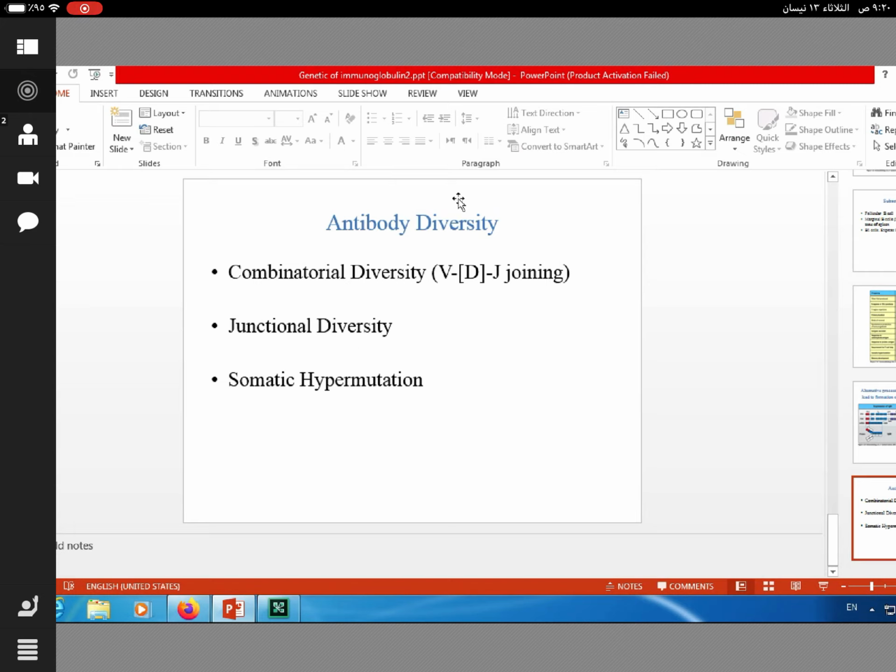So, three mechanisms are involved: combinatorial diversity, junctional diversity, and finally somatic hypermutation. These mechanisms are involved in antibody diversity.